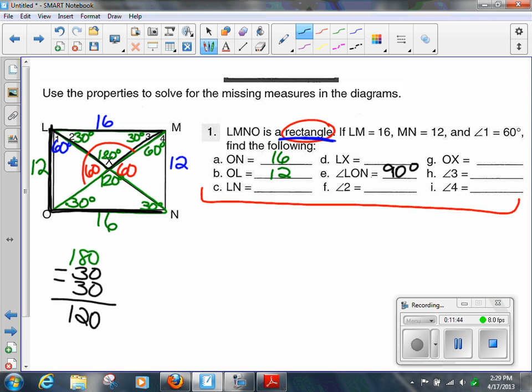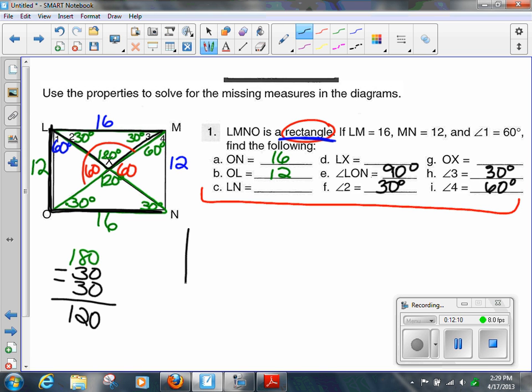Dennis, is it 30? Yeah, how'd you know that? Okay. How about OX? Do I know the length of OX? Not yet, but I'm going to figure it out. Do I know the measure of angle 3? 30 degrees. Do I know the measure of angle 4? 60 degrees. Now we've got to think.